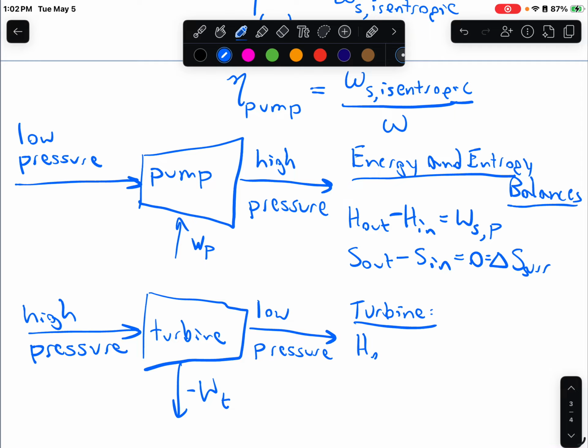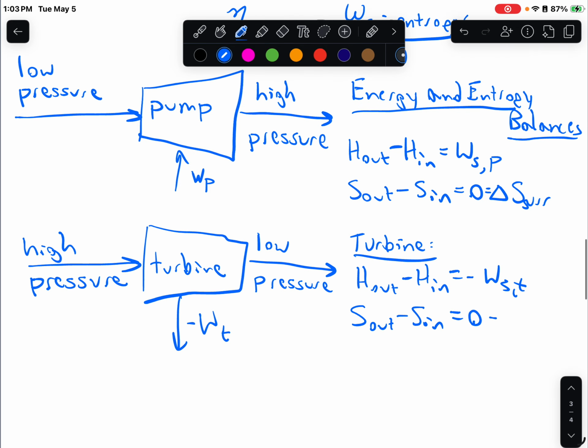So H out minus H in equals minus shaft work of the turbine. S out minus S in equals 0, and that's the delta S of the surroundings in the ideal case. In the next video, we're going to put it together and analyze the overall efficiency of a Carnot process.